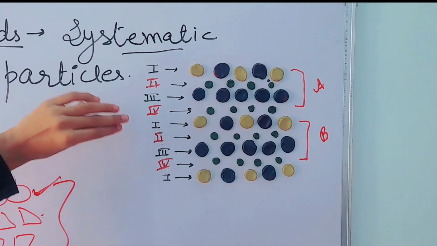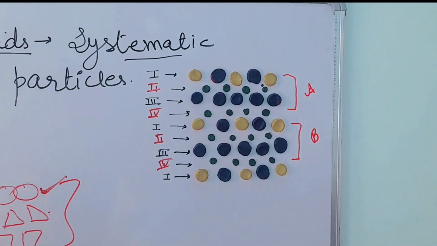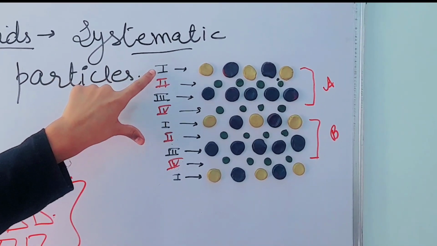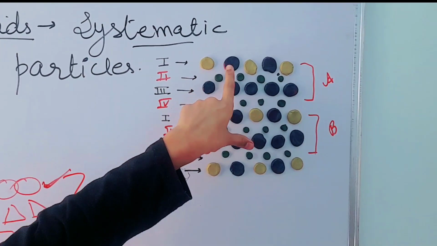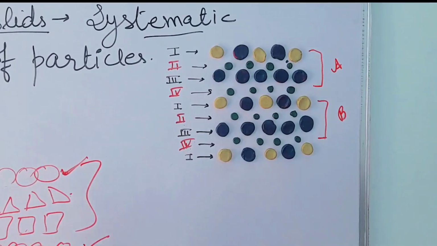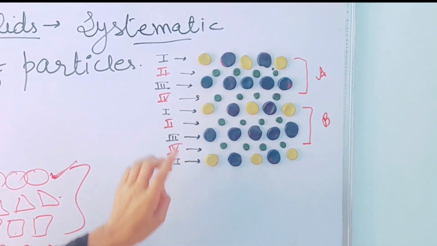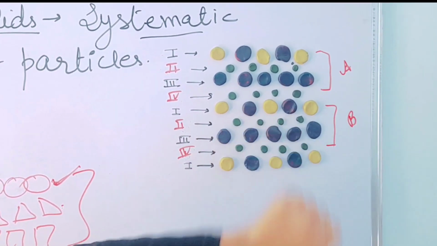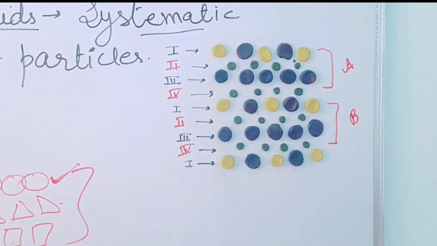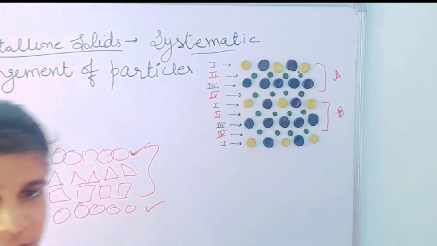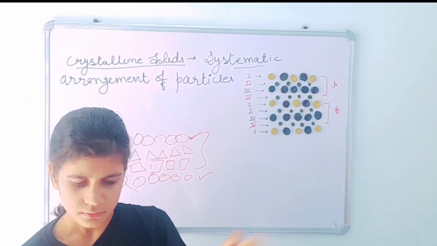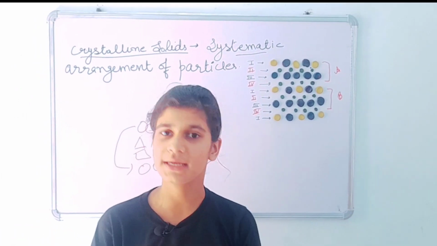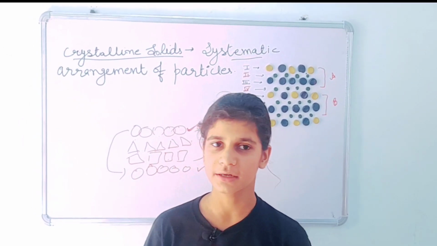So it is a set of 4 rows, and in another set it will occur the same way. In the first set, the first line is yellow violet, yellow violet. In the second set, the first row has the same particles, yellow violet, yellow violet, and this process starts again and again. Means the particles are systematically arranged. I hope you understand.